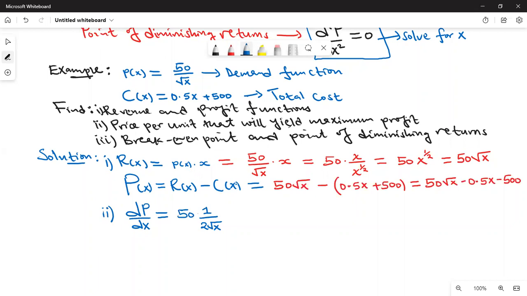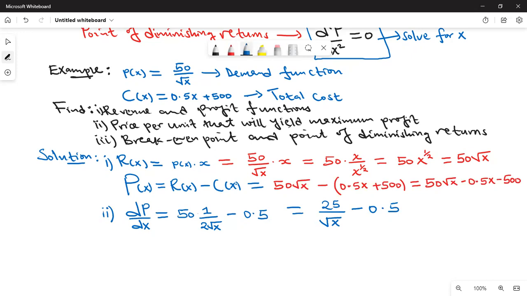So when you use the power rule of differentiation, when you're differentiating x raised to power n, in this case our n is 1 over 2, you're going to get that. Then minus, when you differentiate 0.5x, you get 0.5. This can be simplified to give us 25 over root x minus 0.5.